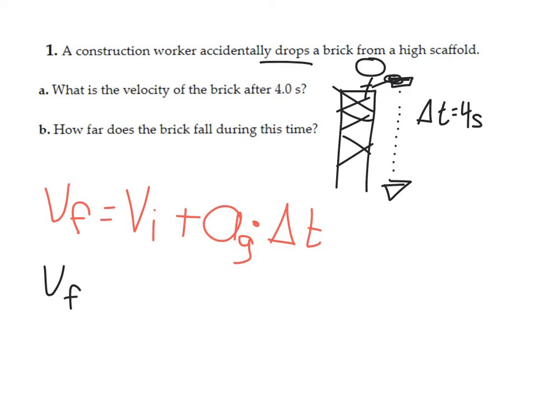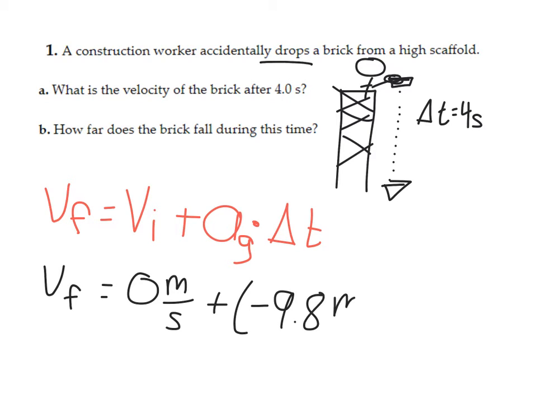So the final velocity is equal to the initial velocity, that is 0 meters per second because it starts falling, plus the acceleration of gravity, that is negative 9.8 meters per square second, times the time interval, that is 4 seconds.